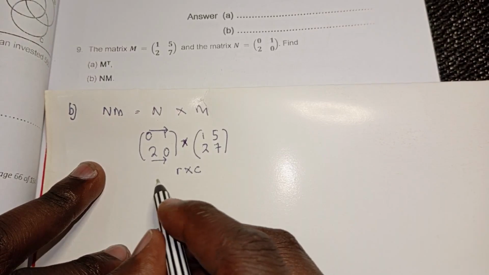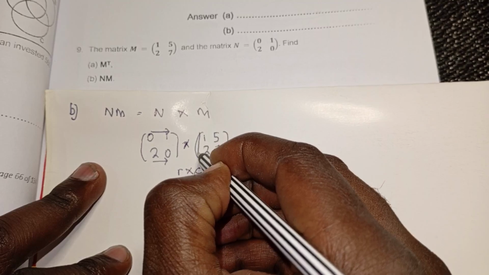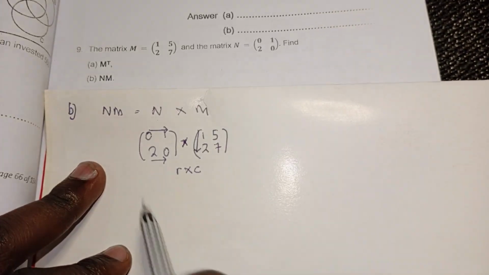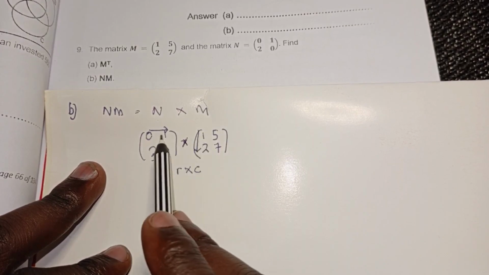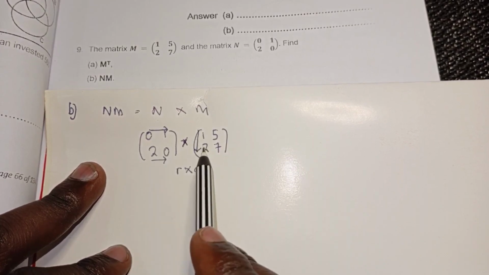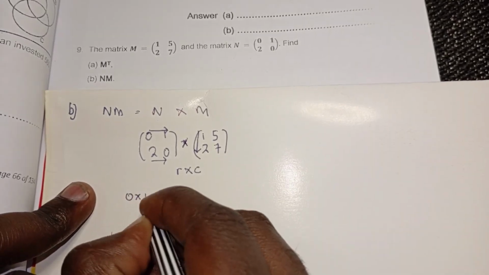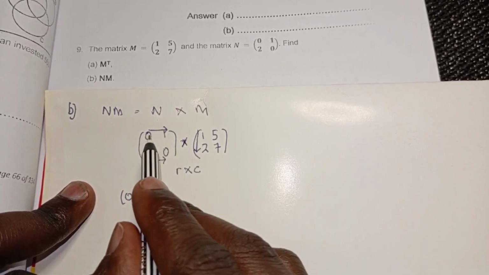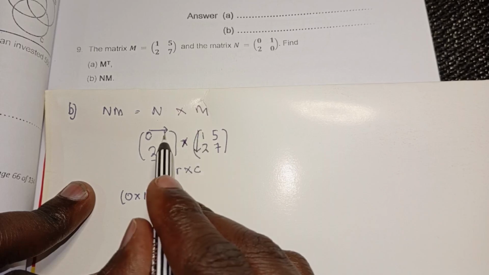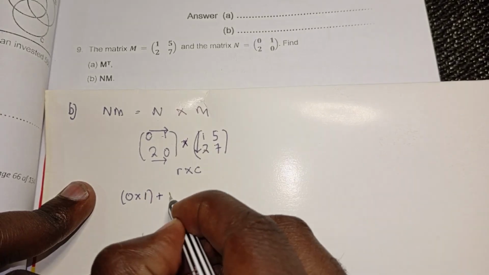On the first matrix we multiply this row and this column. So this one times this one, and then this one times this one. To show what we are doing: 0 times 1, put it in brackets, plus 1 by 2.